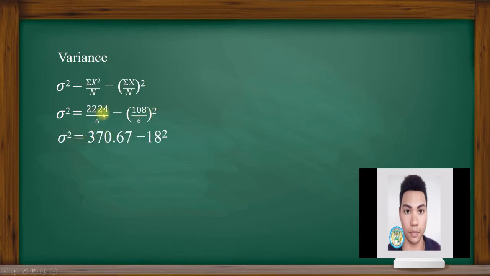So 2,224 divided by 6 is 370.67, minus 108 divided by 6, which is 18, squared, which is 324. Then subtract. So we have the variance, which is 46.67.